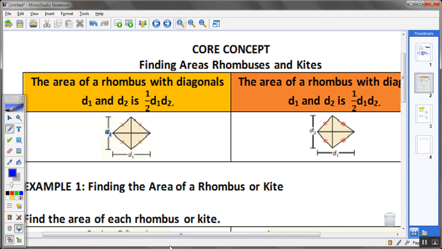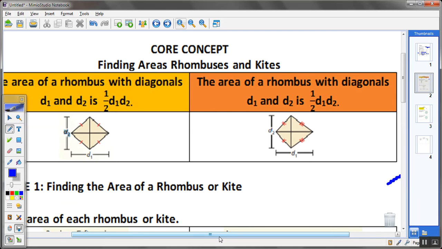Sounds like a new droid in the new Star Wars movie. Half D1, D2. How many diagonals are formed here, kids? If I know the 2 diagonal lengths, you can take the diagonals times each other and then cut that answer in half. Okay? What's it say about the area? And I screwed this up over here, kids.